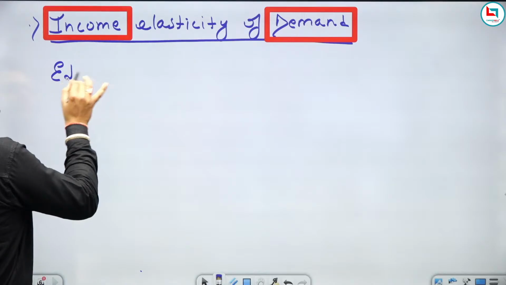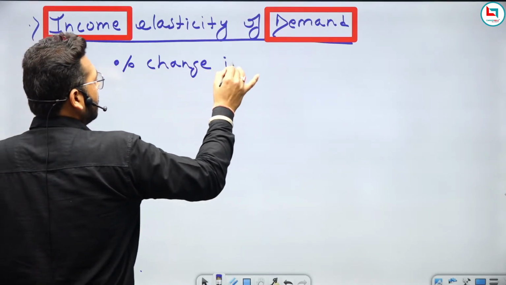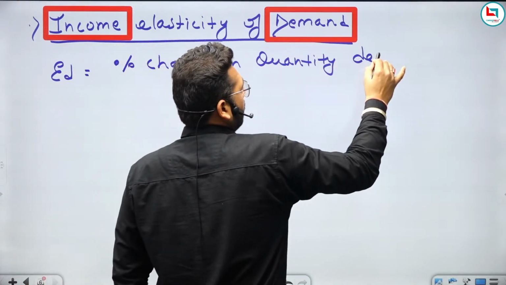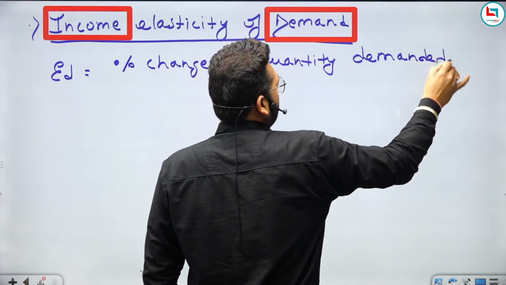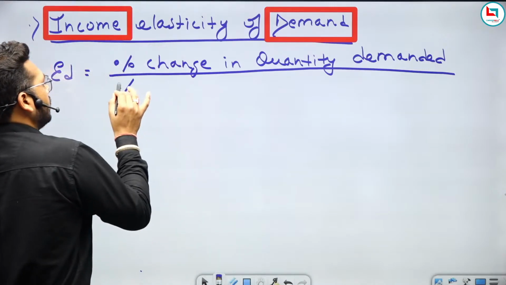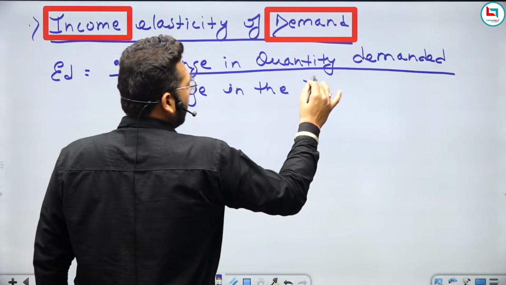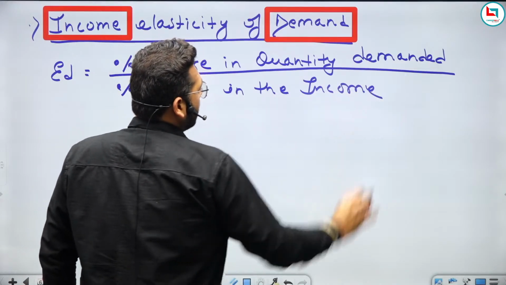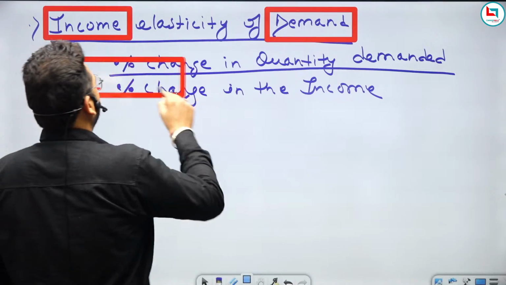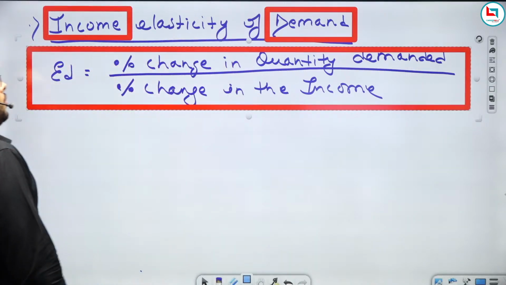Ed, elasticity of demand, is equal to the percentage change in quantity demanded upon the percentage change in the income. Earlier it was the price, but here we need to talk about the percentage change in the income. This is the formula, right?